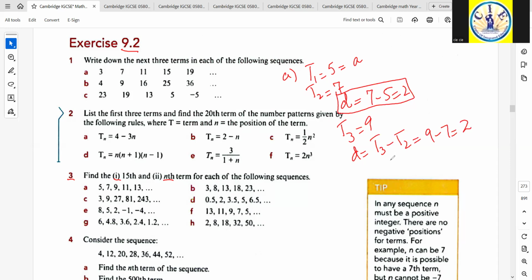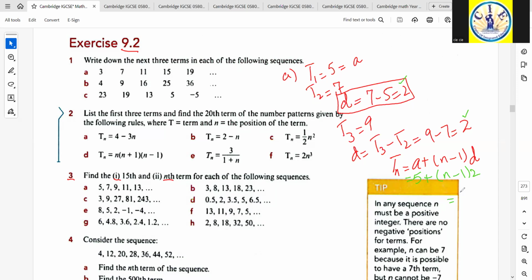An arithmetic sequence has the general term, or nth term, given by the formula a plus n minus 1 times d. Okay, now let me substitute the values. A, the first term, is 5, n minus 1, and the common difference that we have calculated is 2.